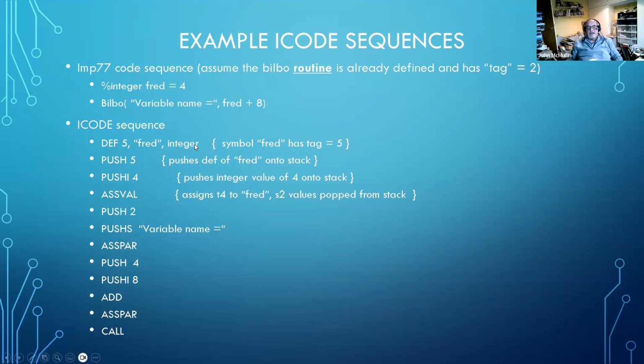We say Fred, and it's an integer. Then we're going to push the definition of Fred onto the stack, but we don't push the value, we push the tag on. So we've got Fred on the stack here. Then we've got to push the integer value 4 onto the stack, and then we can assign the value. So therefore 4 has now been assigned into Fred.